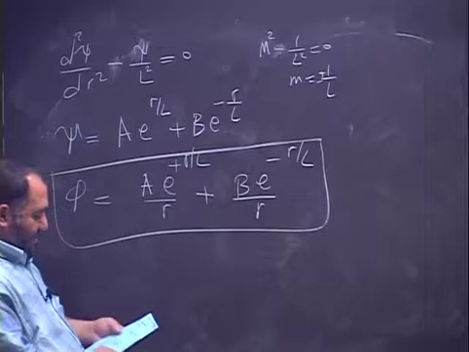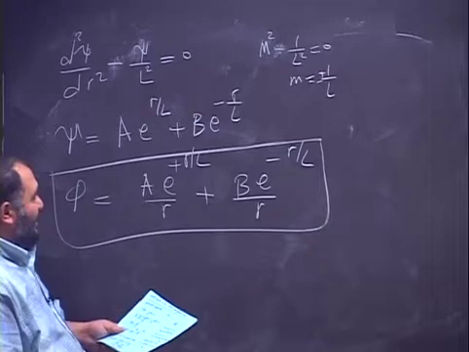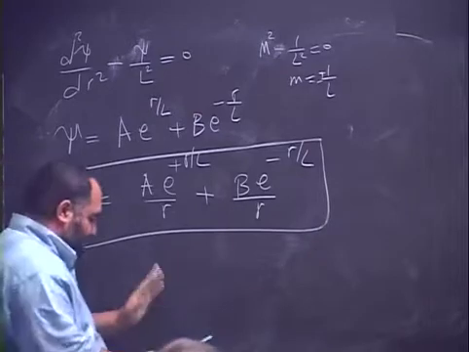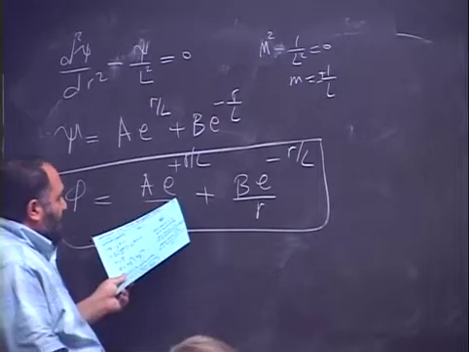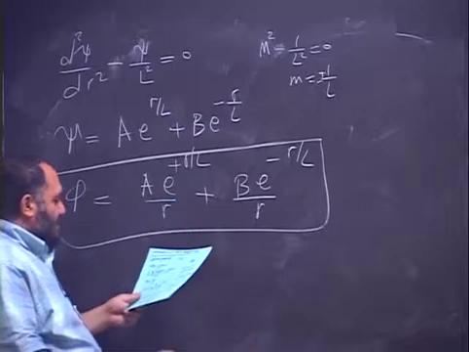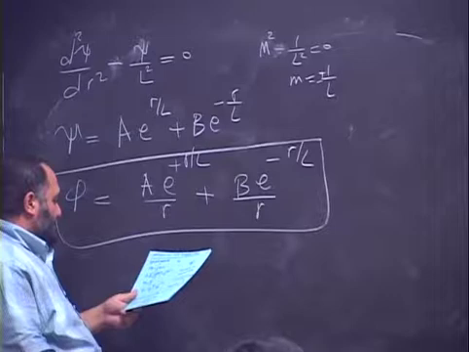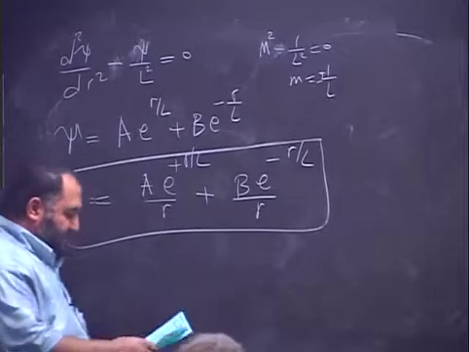So let's look here. It's a point source and it emits a number of neutrons per second. So what will be the first boundary condition here?